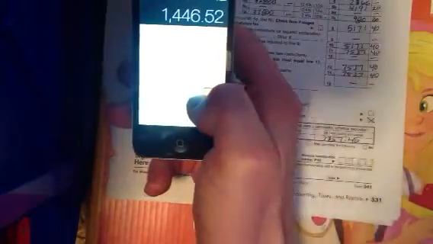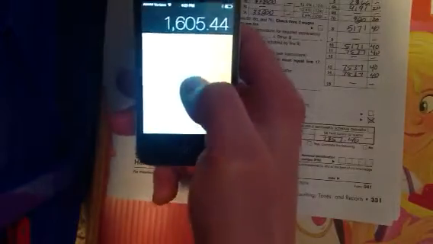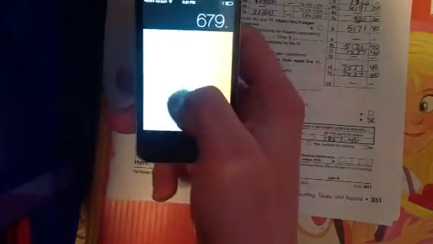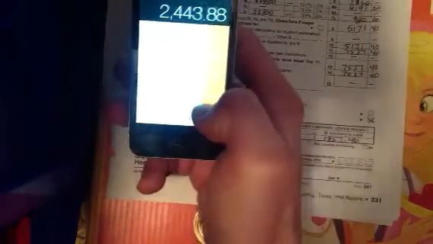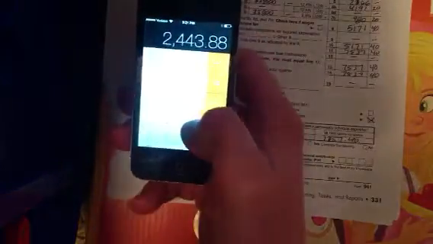We're going to take second month's numbers, 767, 679.52 plus 158.92. We get that. Then we add back on the employer's, which is 679.52 plus 158.92 equals $2,443.88. That's our second month liability.